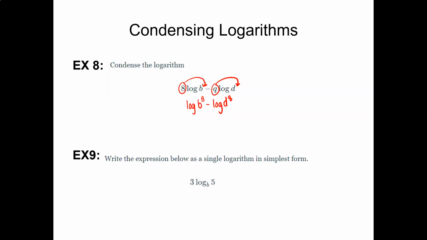That gets rid of our coefficients that we had. Now we have subtraction. What do we have to use for subtraction when we combine? Division. So we would have log of b to the 8th over d to the q.